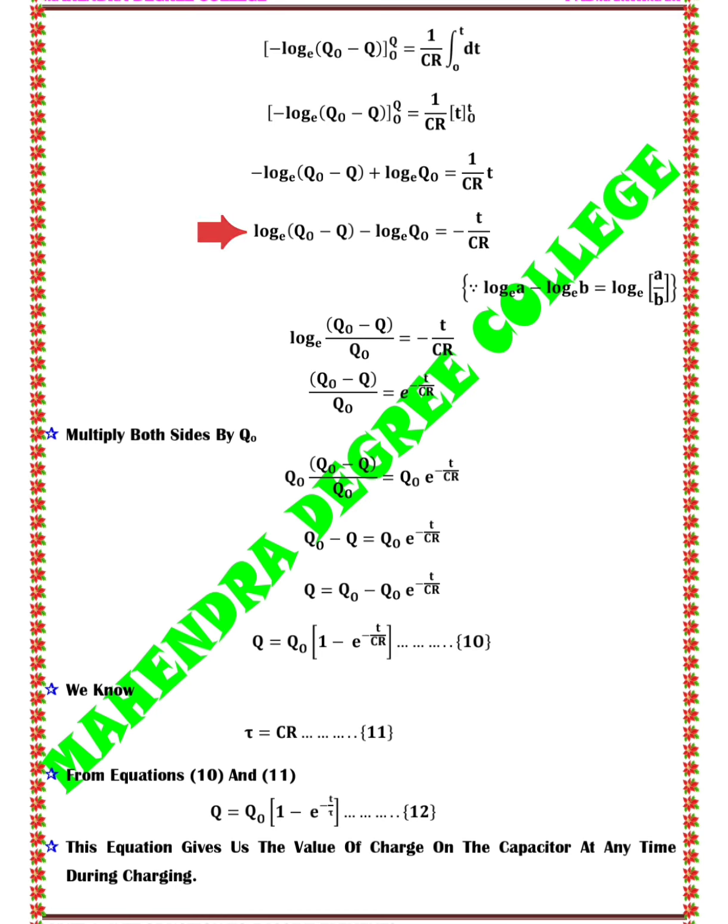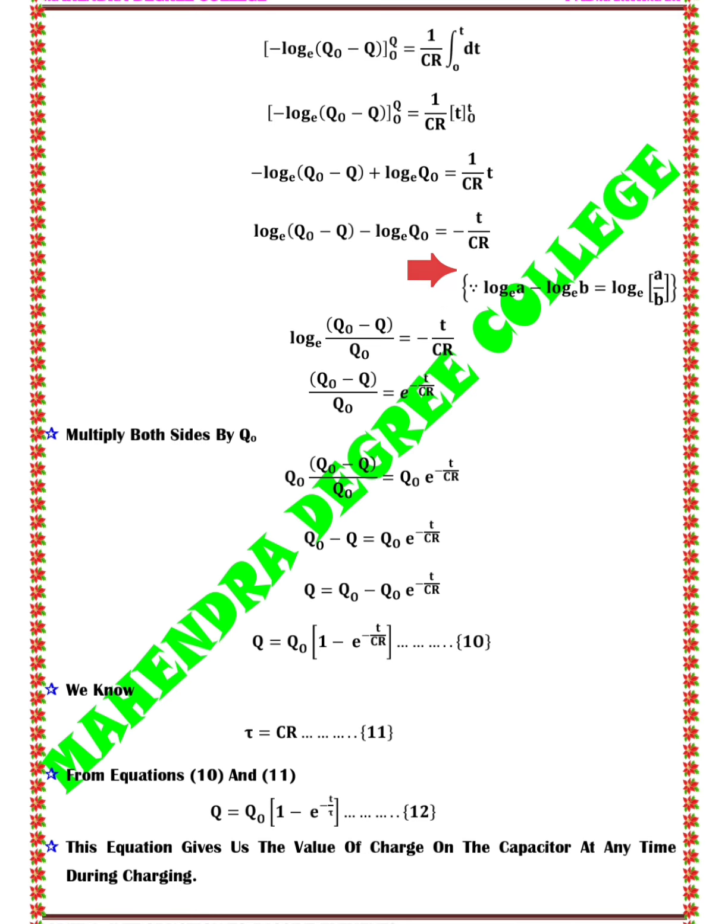Rearrange the equation, multiplying by the minus sign on both sides: log Q naught minus Q minus log Q naught equals minus t by CR.